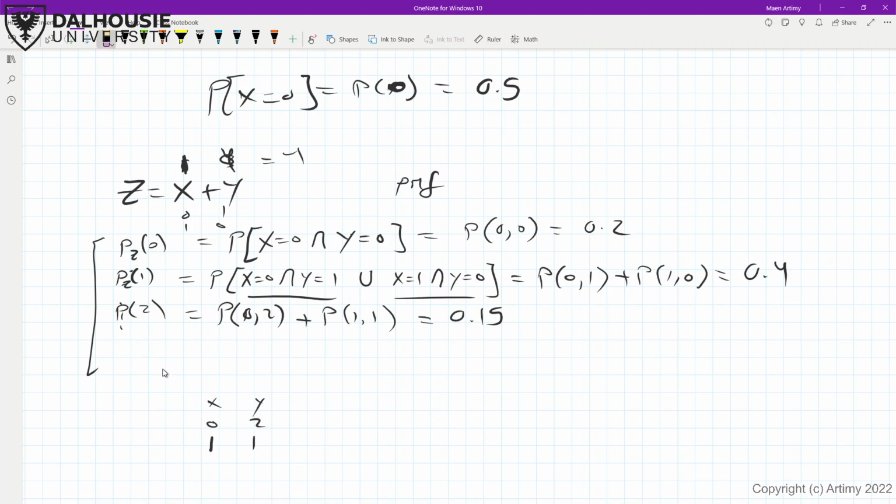And let's put some space here. How about 3? 3 happens if we have x is 0, y is 3. It could also happen if this is x is 1, y is 2, and that's it.